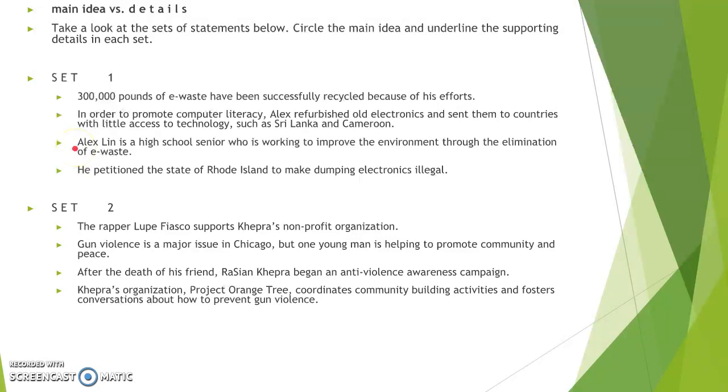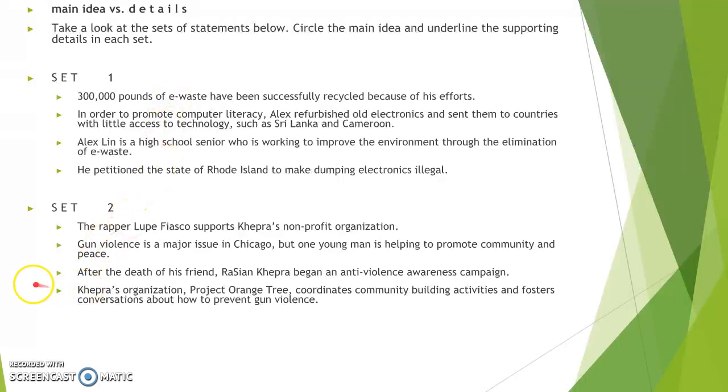This is what this paragraph is going to mostly be about. And then these other bullet points tell us how he's doing that, right? It shows us how he's helping to improve the environment. He petitioned Rhode Island to make dumping electronics illegal. He's refurbishing those. He has successfully recycled because of his efforts. So again, those are all the details.